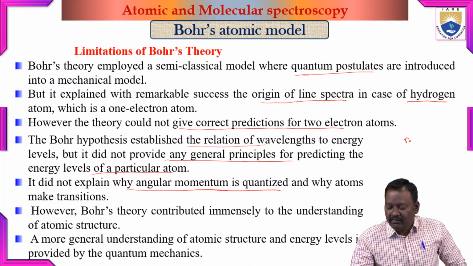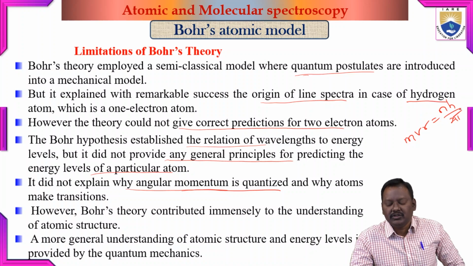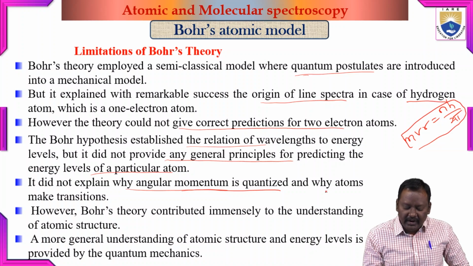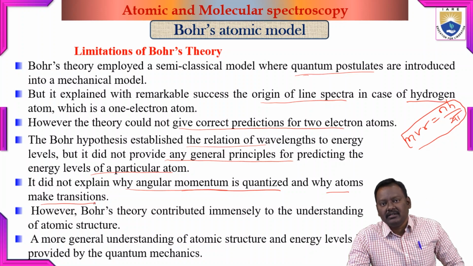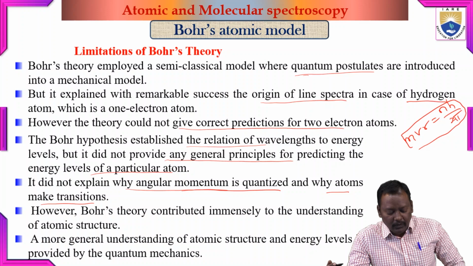That means why mvr must be equal to nh by 2 pi. There is no particular reason for the consideration of this postulate. He could not explain this postulate, and why atoms make transitions. He could not explain why the electron must take a transition from higher orbits to the lower orbits.